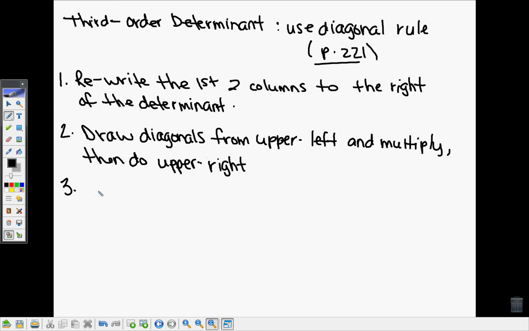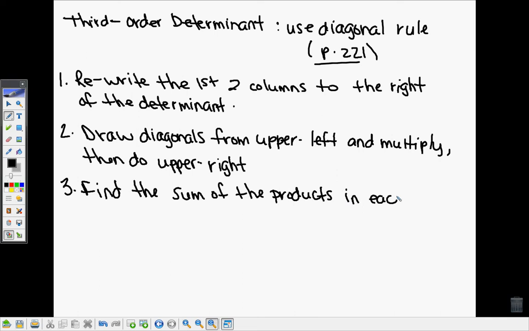Step 3, find the sum of the products in each diagonal. So sum means add, product means multiply.